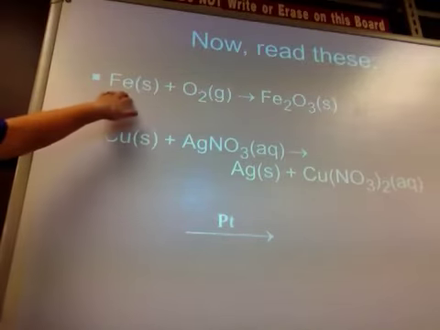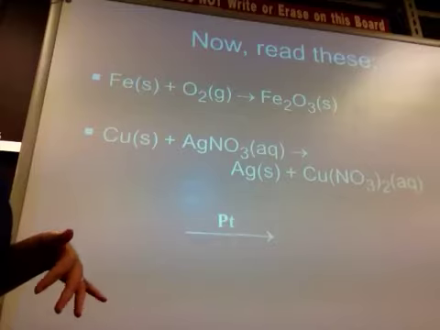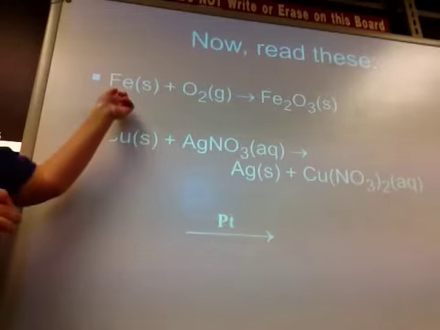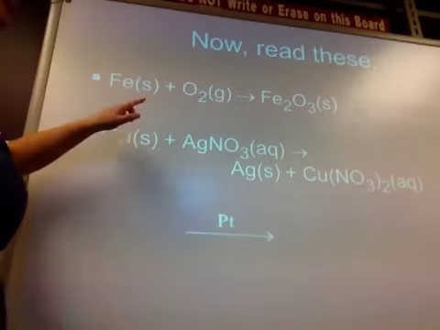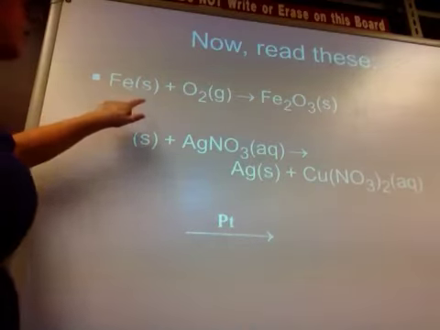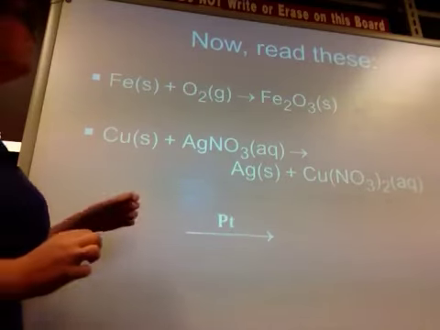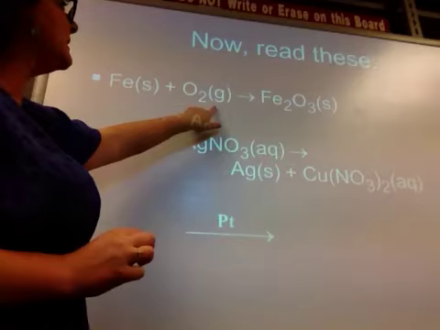The first one is Fe and it's a solid. So I would say solid iron, because it's iron and it's a solid. So I would say solid iron reacts with, because we're adding it to, O2, and that's a gas.